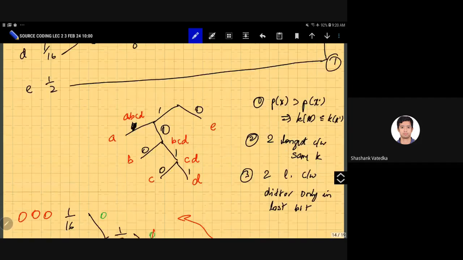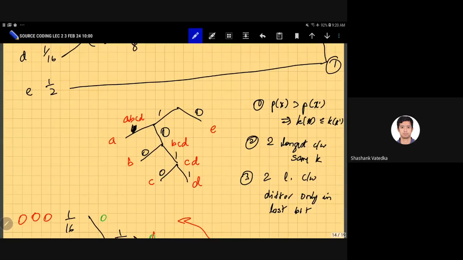So if you think about the Huffman code, is the Huffman code canonical? Yes. Well, definitely in this case, the Huffman code is canonical.